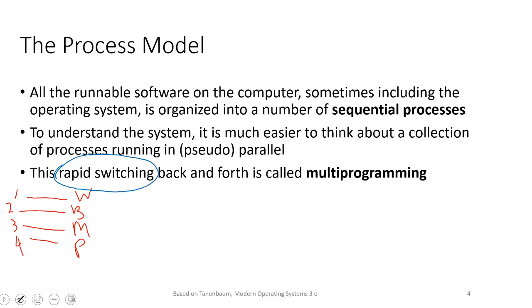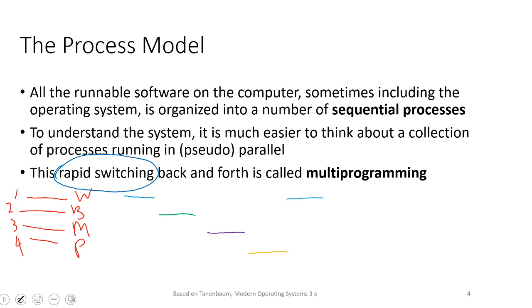What we mean by rapid switching is we run this program for a period of time, then we go to this program for a period of time, then we may go to the third program for a period of time, then the fourth program for a period of time. Then after we have gone through all of them in a cycle, we may again come back to the first program.